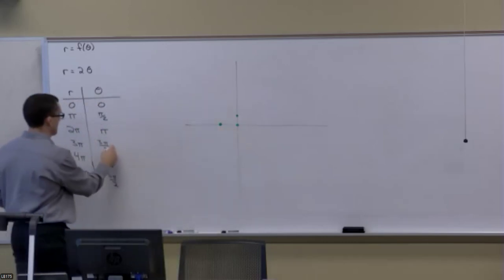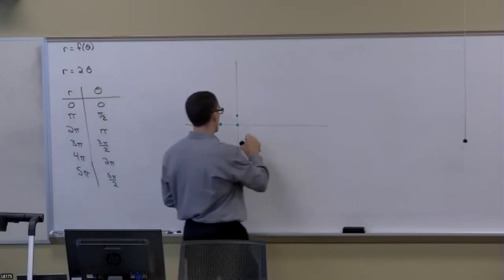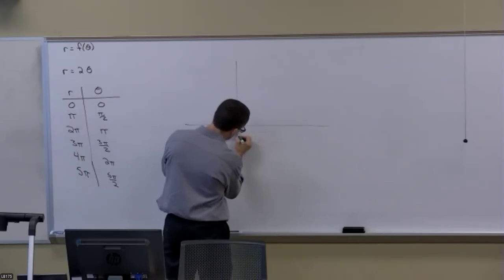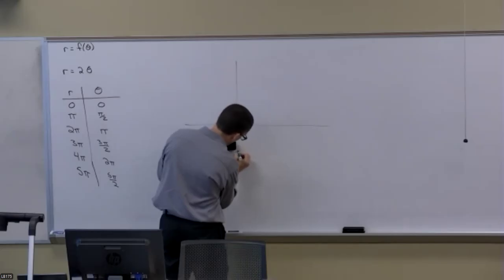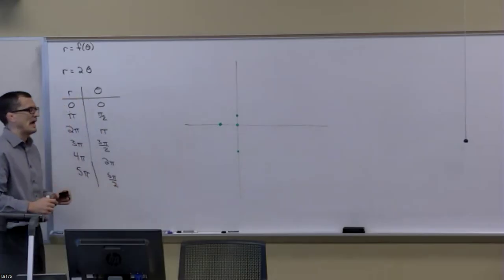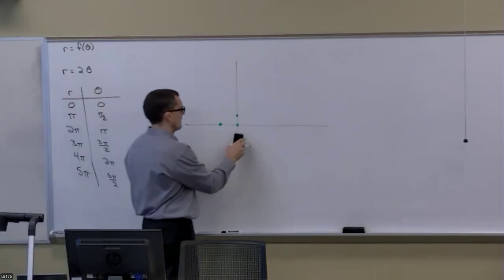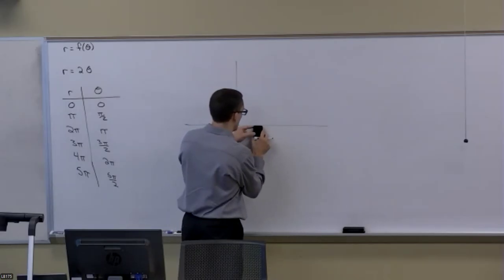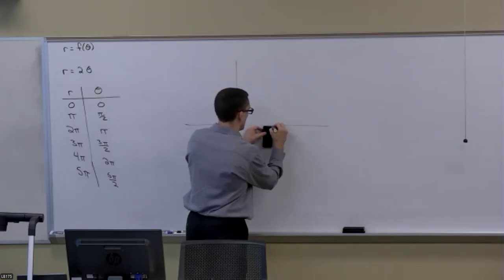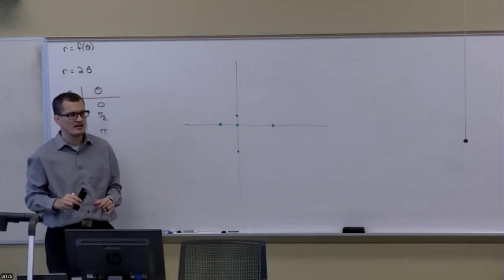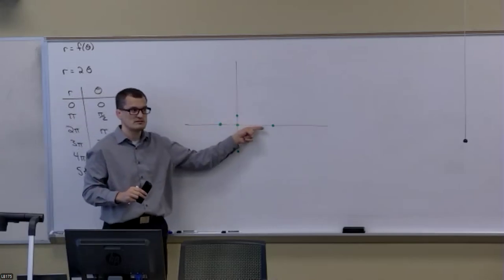At angle 3 pi over 2, I am 3 pi units away from the origin. So somewhere in there. At 2 pi, I'm 4 pi units away. Trying to do this fairly accurately. Okay with that? At 2 pi, we're pointing straight out.